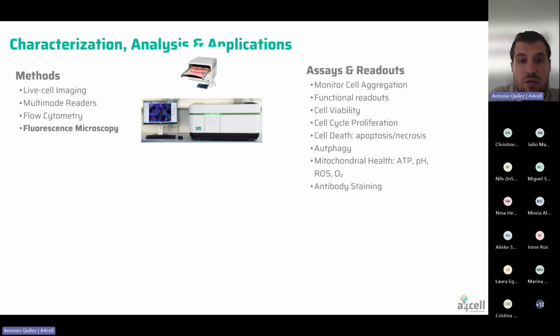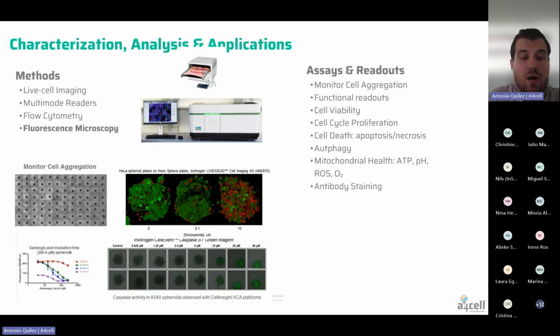The assays and readouts that we can obtain from this kind of experiments include the monitorization of cell aggregation, by simply analyzing the size and shape of our spheroids, also include some kind of functional readouts. We can have either absorbance, fluorescence, phosphorescence, different kind of markers that emit some signal that we can detect.